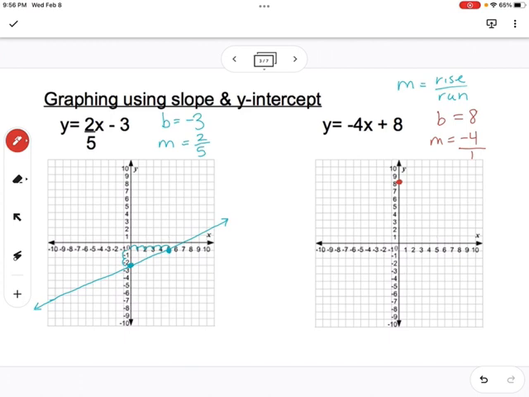So we go down 1, 2, 3, 4, and we go over 1, which gives us our next point right here. You can continue to add more points if you want. You can go down another 4 and to the right 1, and put another point. As long as you have the 2 dots, you can create your graph. You just connect those and you'll have your line.